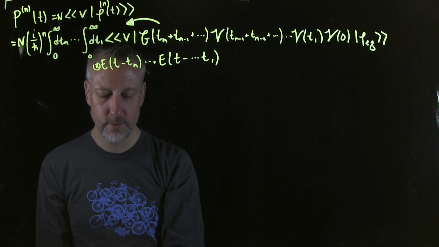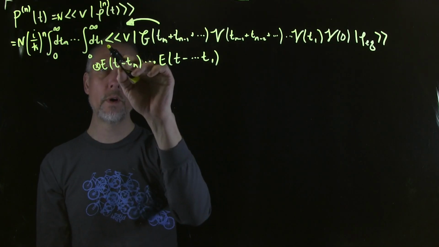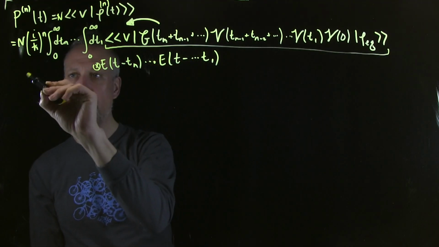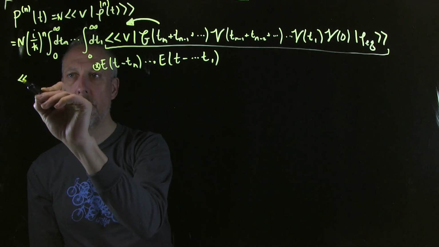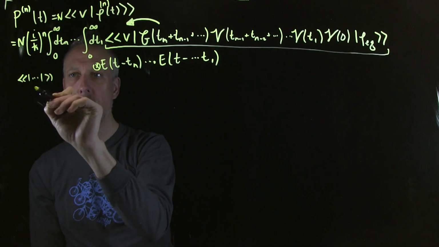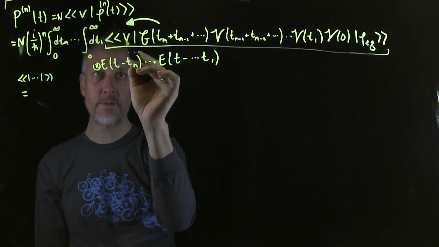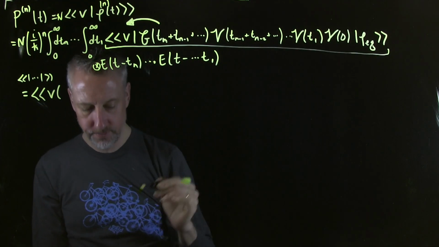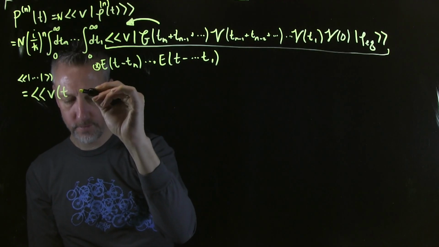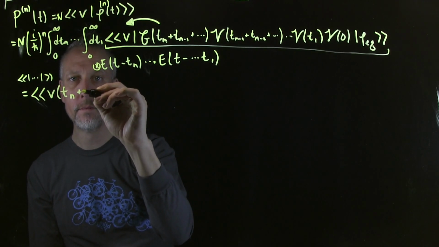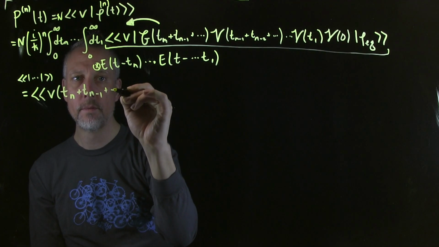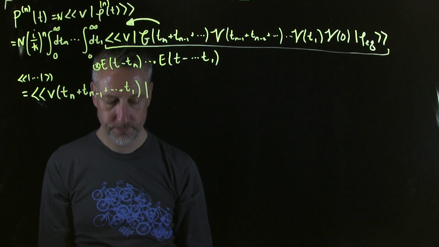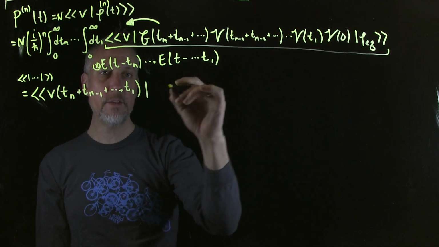Now I'm going to work just on this part here. When we shift V by this amount, we'll have V of Tn plus Tn minus 1, right? And then we'll have all the V's inside.